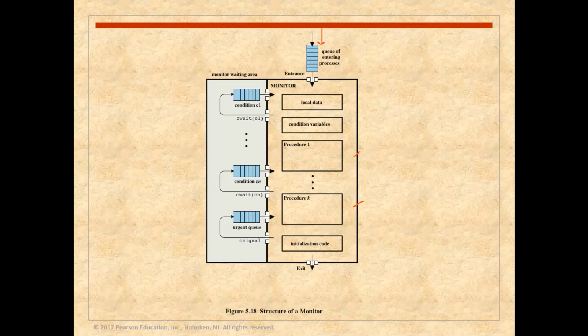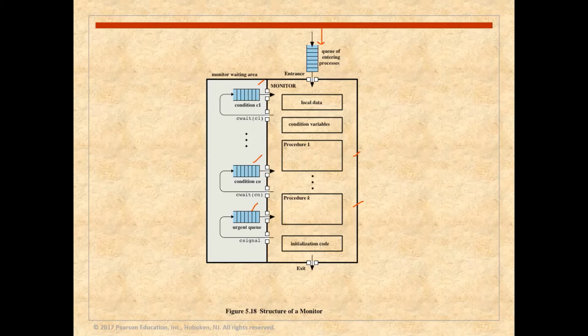Based on the condition, it will then pass to which procedure is to be used. We have cwait for each of the conditions, and csignal to bring the process back into the monitor.